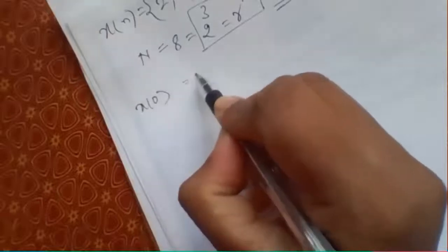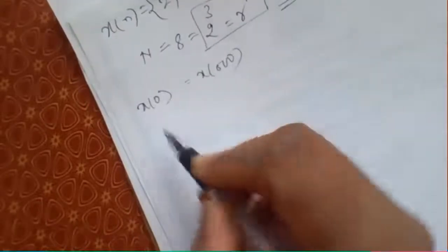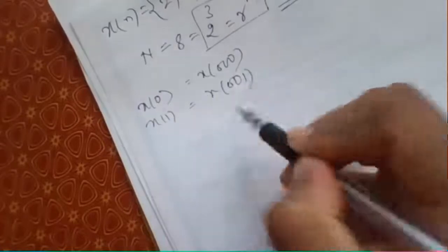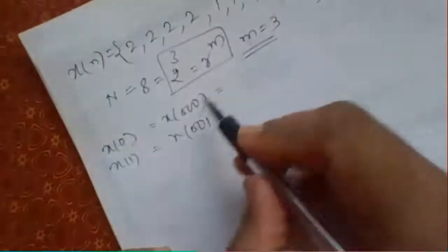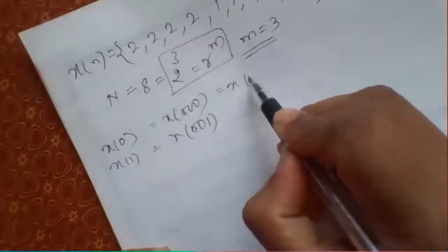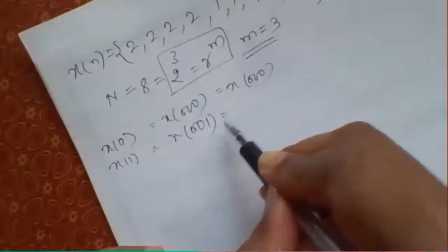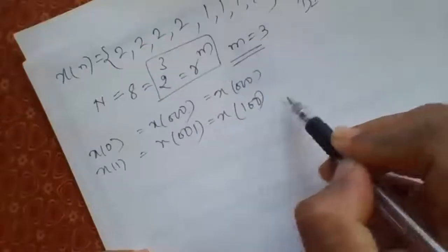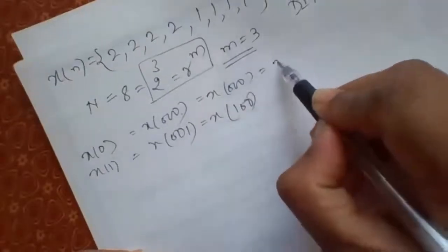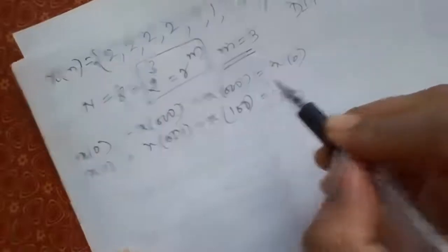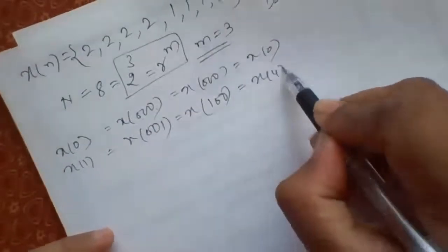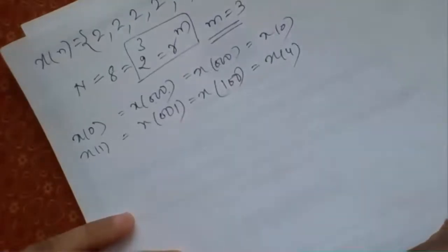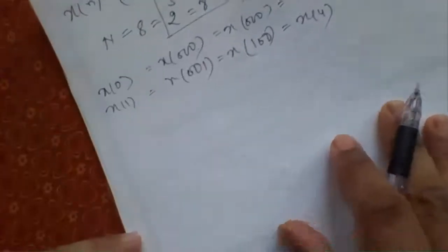For example, x of 0 is nothing but x of 000, and x of 1 is x of 001. If you reverse 000, you get 0 again. But if you reverse 001, it will be x of 100, which is x of 4. That is, if you bit reverse, you automatically sort out the sequence for the DIT algorithm.